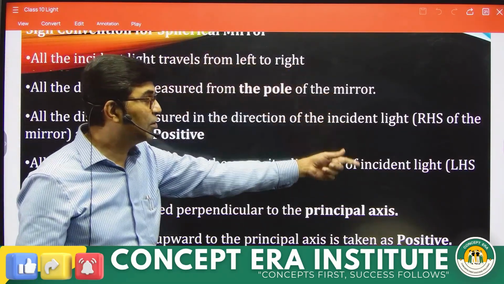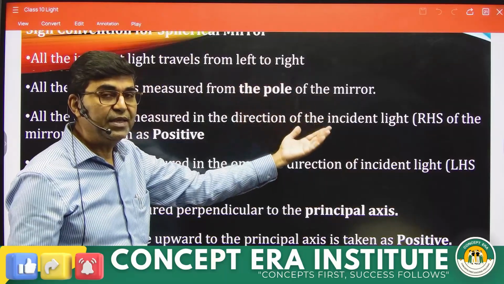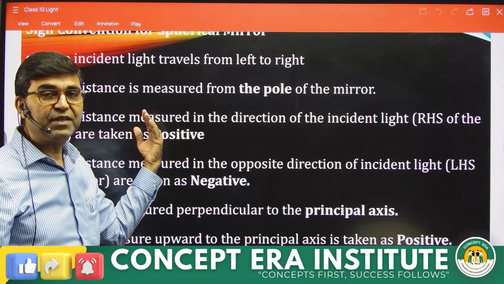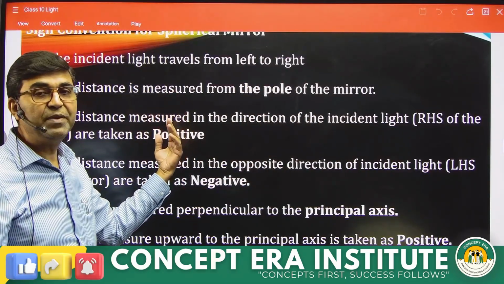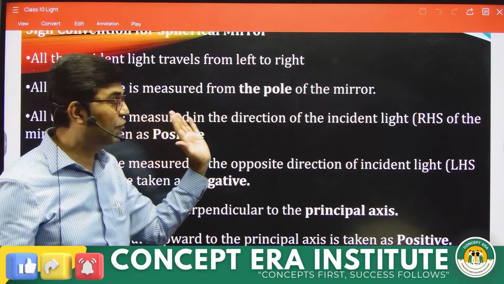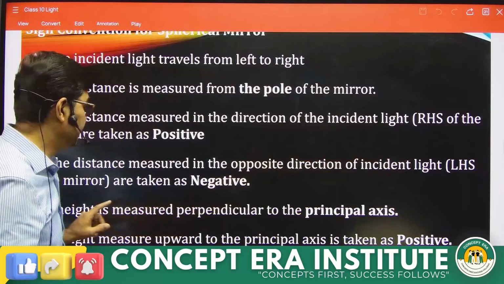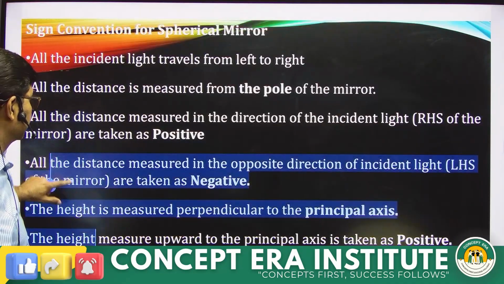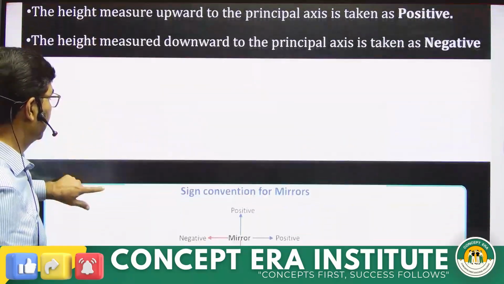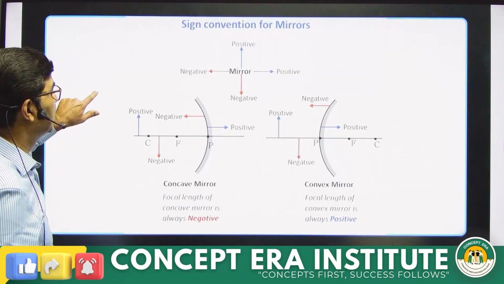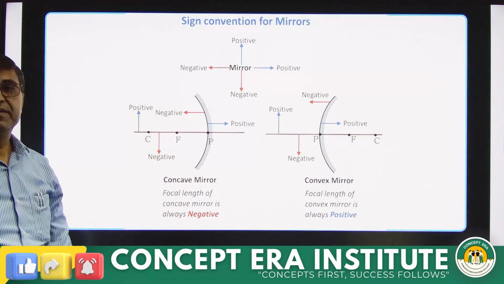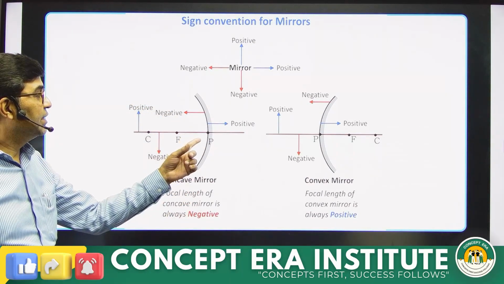The focal length of a concave mirror is on the left side, so it will be negative, but the focal length of the convex mirror is on the right side, so it will be taken as positive. This you can see in the diagrams.